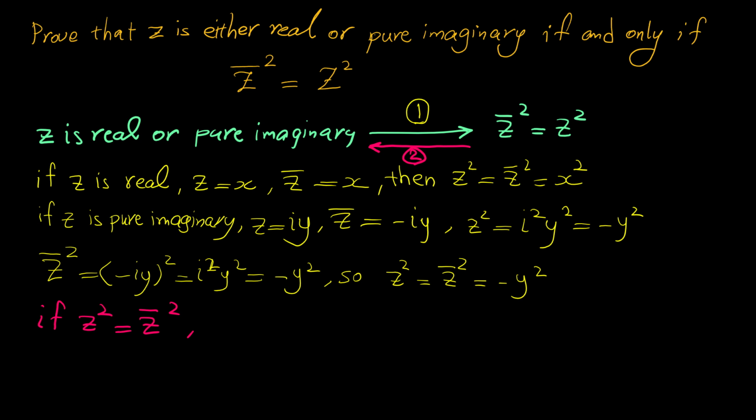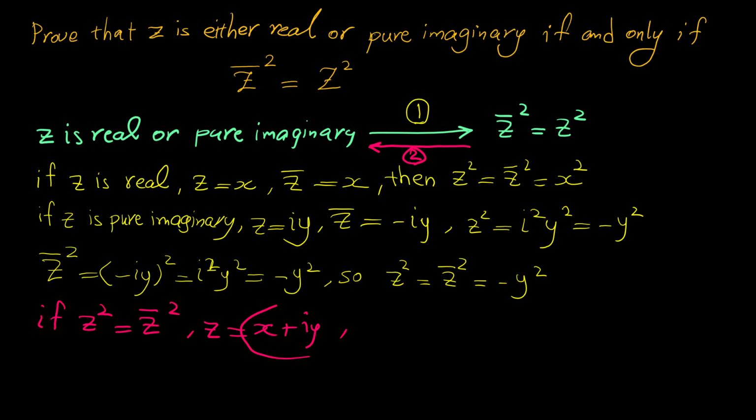Let me repeat this again. If Z to the 2 equals Z conjugate to the 2, then Z is either real or pure imaginary. We know that we can always suppose Z in the form of x plus iy.